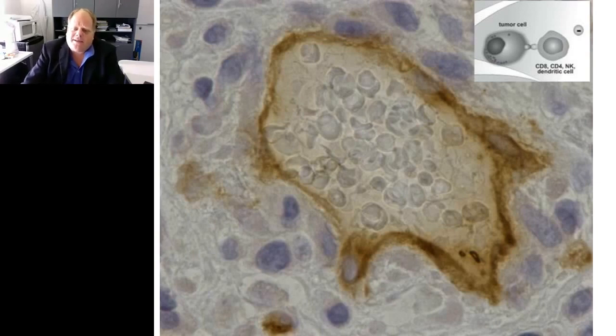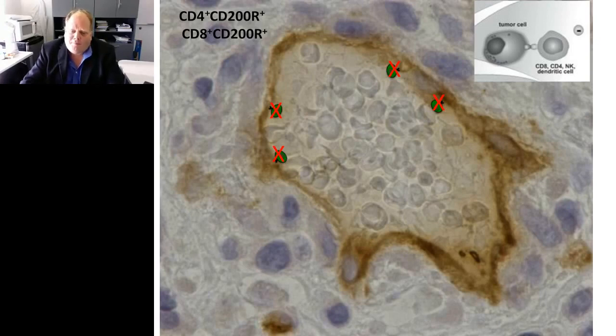On CD4, CD200 receptor positive cells differentiate into T regulatory cells, and on CD8s, they just render them inert. Well, we think that that's happening at this spot right here, that they don't actually get into the tumor microenvironment because of this surrounding immunological force field.